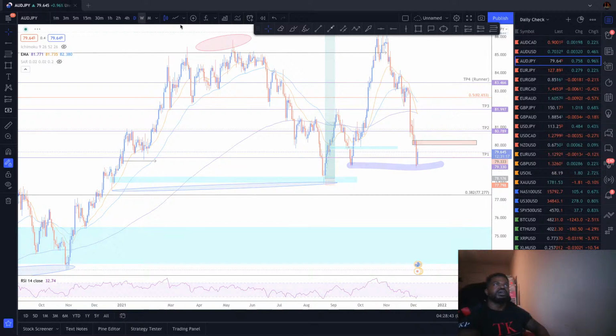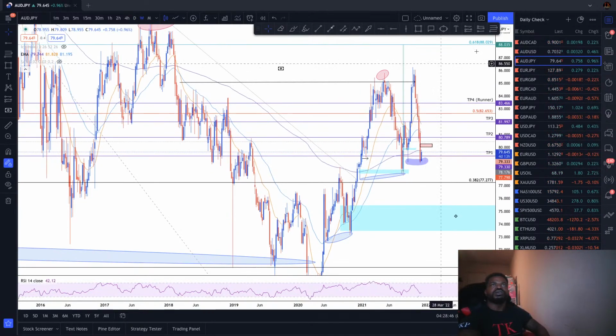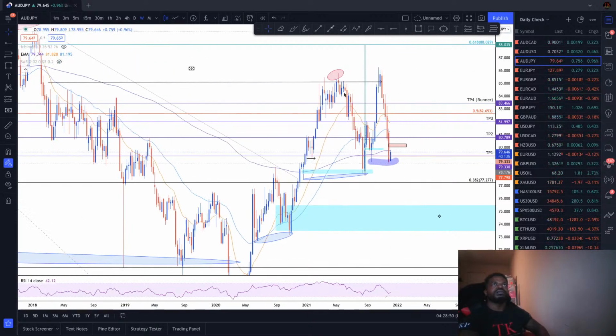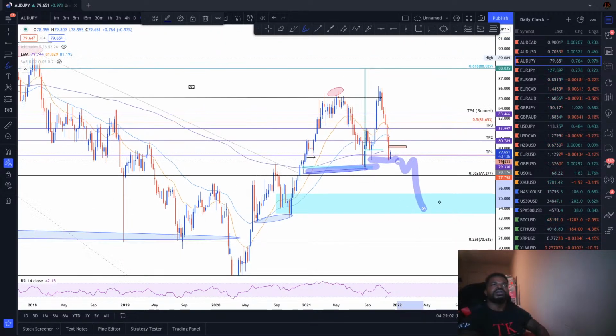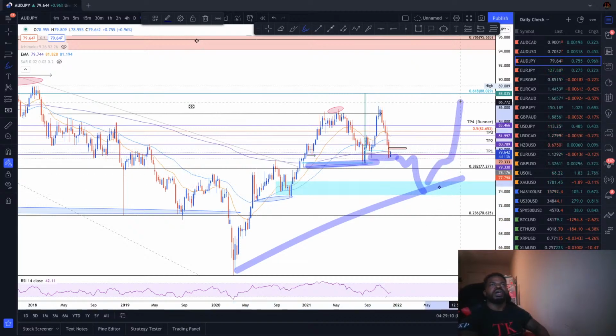Because when we look at the macro moves on AUD JPY, price could break the lows here, retest this structural level, and still technically be in an uptrend. From here, pull back to break the highs and make this move.